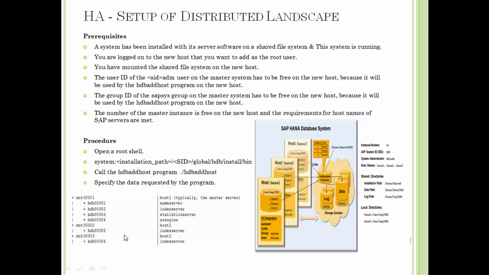Whereas the second and third will have the persistence of only the index server. So if you add one more instance, which becomes mnt00004, we will again have only the index server persistence there.